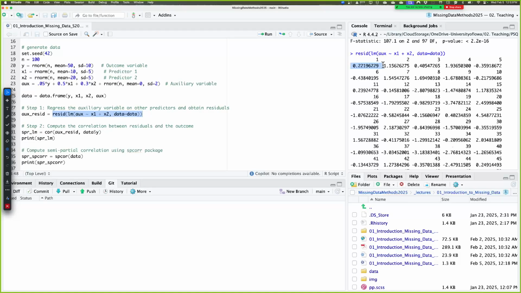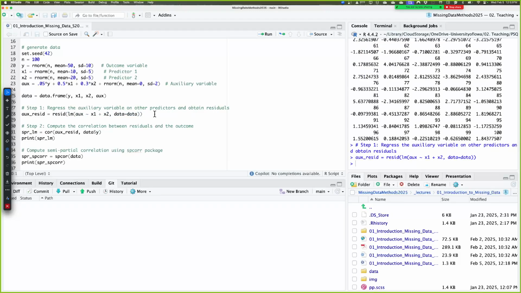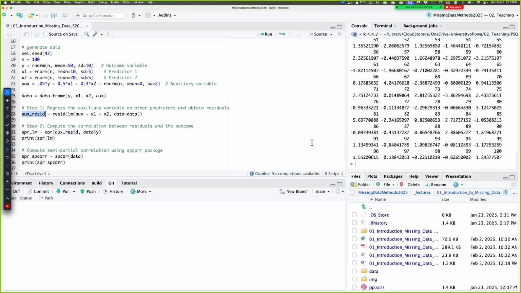When you think of the semi-partial correlation, we want the correlation between the auxiliary variable and y once we control for x1 and x2 on the auxiliary variable. It turns out these residuals are our key to removing x1 and x2 from the auxiliary variable. So this ox resid right here is literally what's left over after we control for x1 and x2 on the auxiliary part.